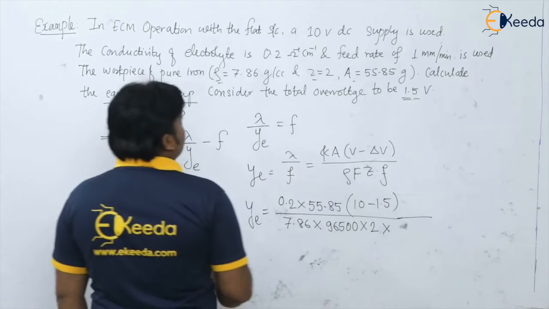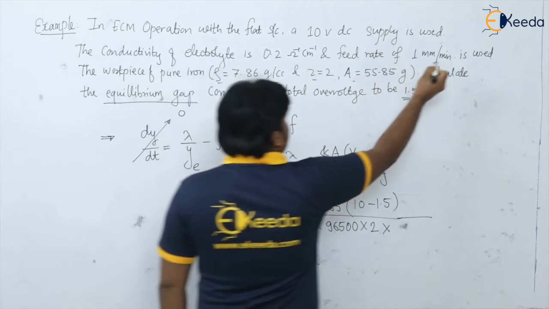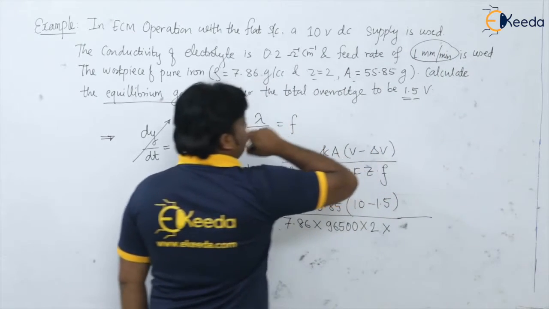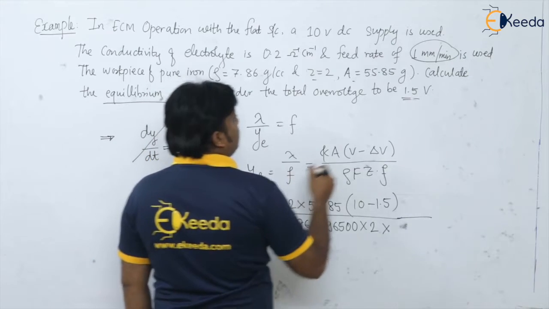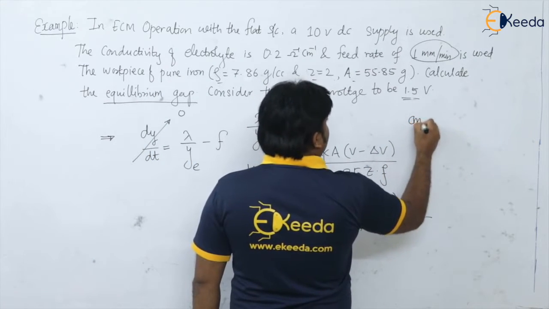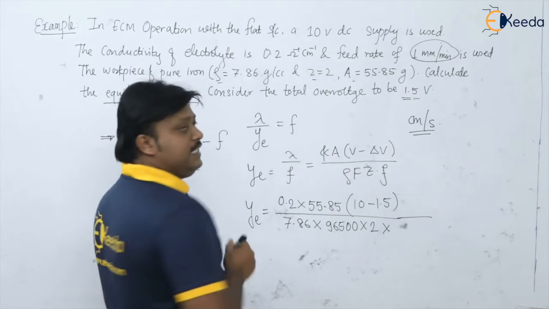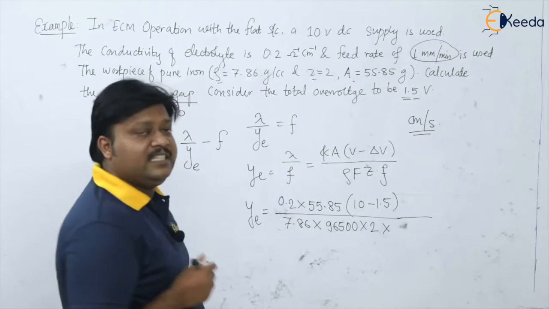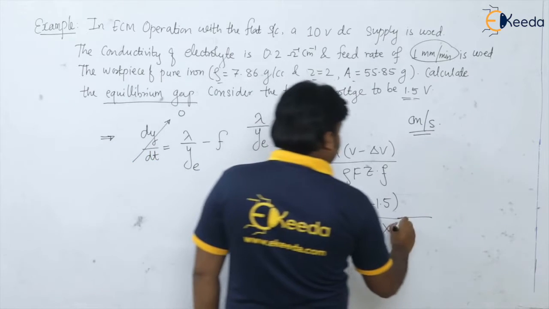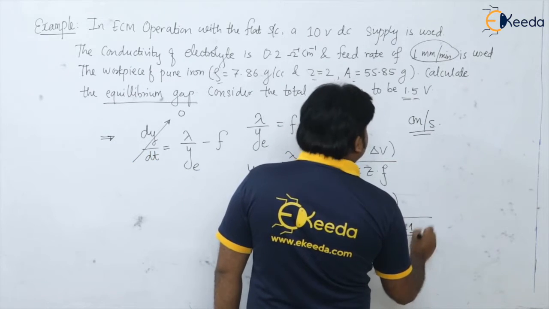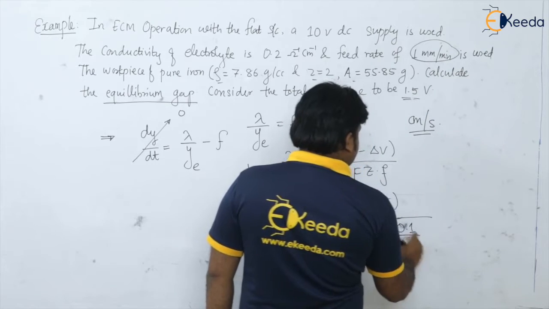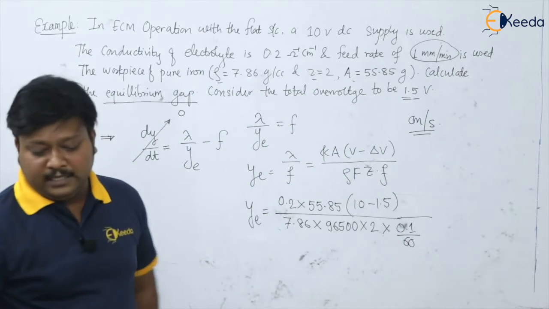What is the feed rate given? 1 mm per minute. Now 1 mm per minute, we want in centimeter per second, isn't it? So 1 millimeter, that is divided by 10, 0.1 centimeter divided by second, that is 60, isn't it? So let us calculate this.